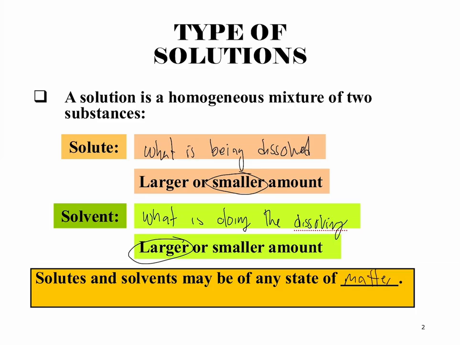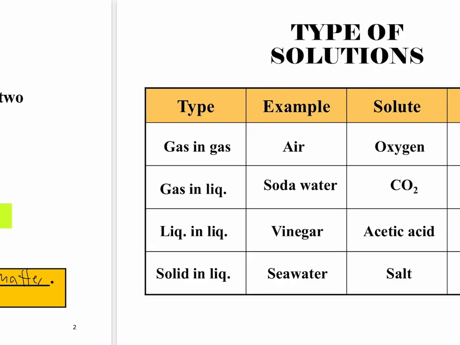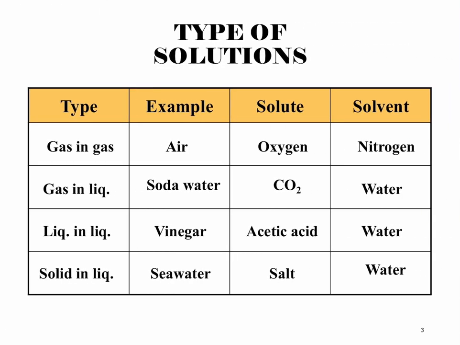Generally, when we're looking at solutions, we're looking at aqueous solutions, which means things dissolved in water, at least for our class. If you go on to organic chemistry, you'll also look at organic solutions. Some examples: we have the air, where oxygen would be our solute because it's in lower proportion to nitrogen.